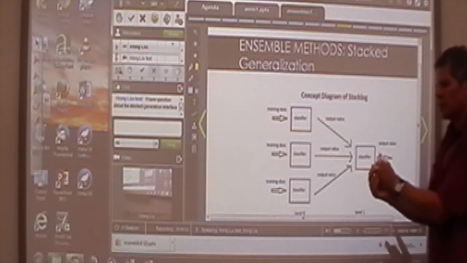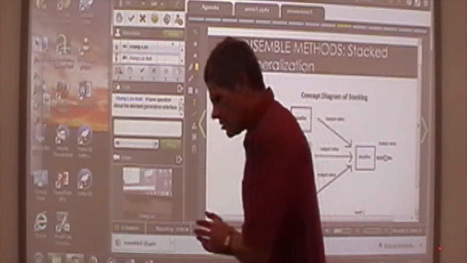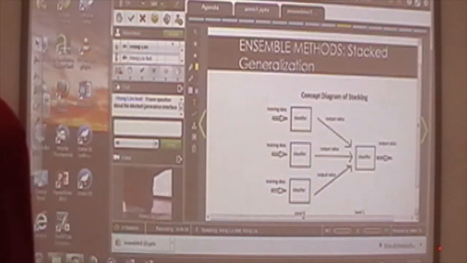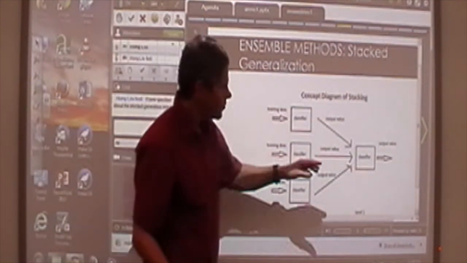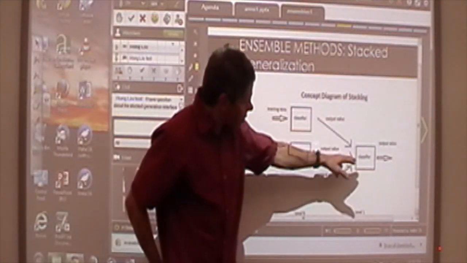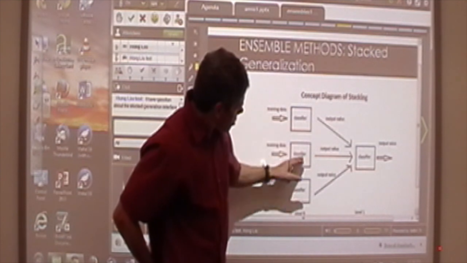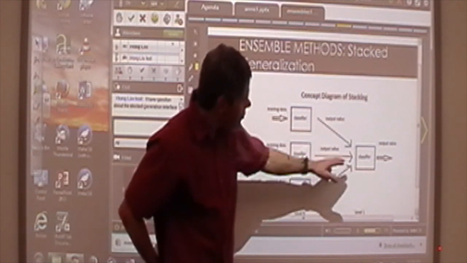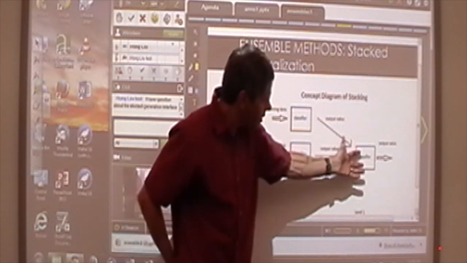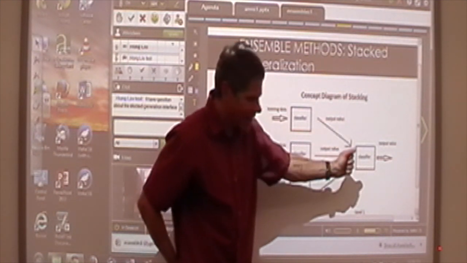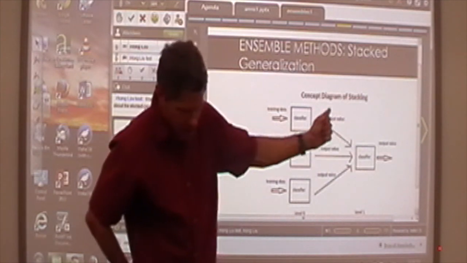So in this case, we're talking about the same type of classifier, basically? Well, no, you can use many different kinds. You can use different ones at your level 0. You can use any classifier you want as what you're going to apply for your level 1 classifier. Yes, yes.